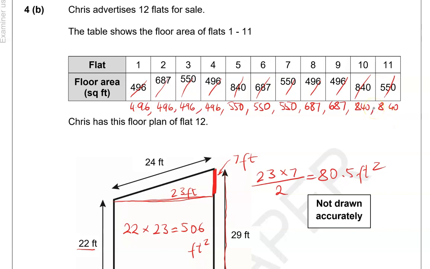So to find the middle value, crossing out both sides, that is 550.